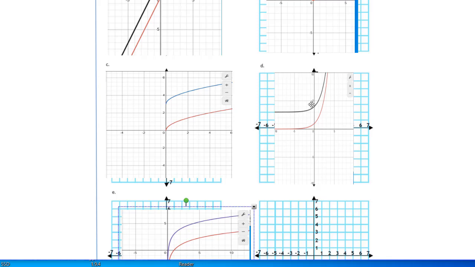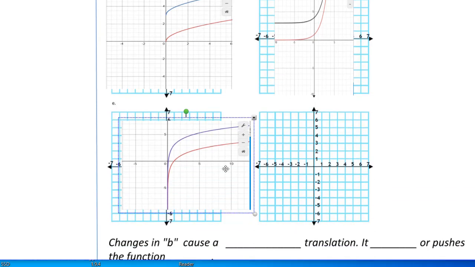This one, it's really kind of hard to tell, but one thing you can see is that the asymptote here in the red is on the x-axis and here it's up. So it's like we pushed up the asymptote. And here we can see that we have raised this purple from the red.